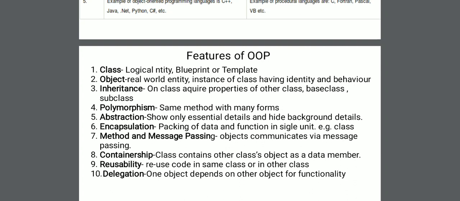Without object you cannot operate any single data member or any single function of a class, and hence it is called a real world entity. You actually really do the operations on that class, and hence object is called a real world entity. It is also called an instance of a class. So instance is also called an object, and object is also called an instance.